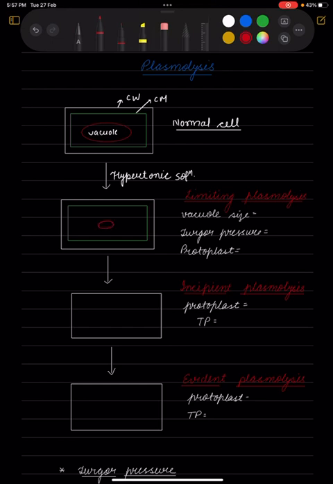So I will write: the vacuole size is reduced. Turgor pressure is 0, I will discuss it later. And the protoplast is in contact with the cell wall. There is no withdrawal of the protoplast. This is the cell wall, cell membrane, and protoplast, and it is in contact with the cell wall.